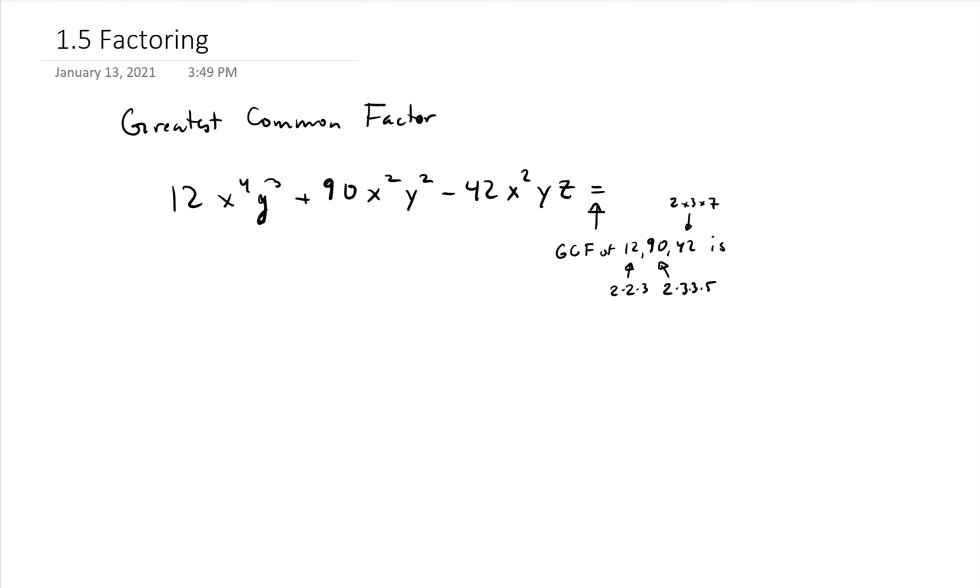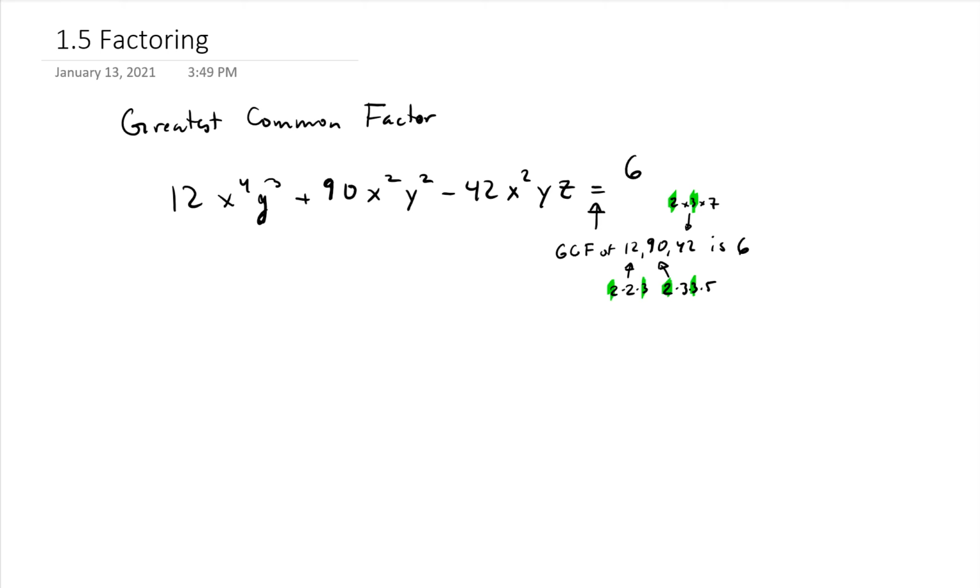Okay, and then what's the greatest common factor? You have to see what's common to all these numbers. Well, clearly there's a 2 that's common to all of them. Is there a 3 that's common to all of them? Yes, and that's it, right? For example, 7 is not common to all of them. So 6 is the greatest common factor.